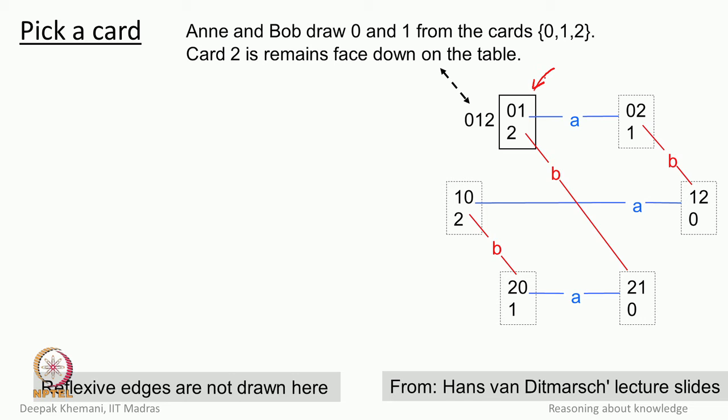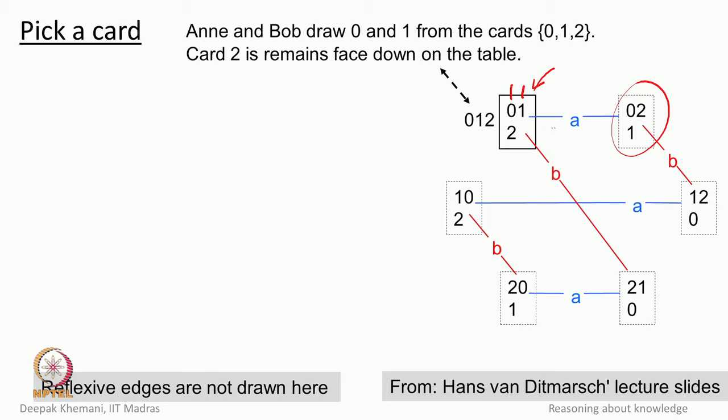So, these are the different possible worlds, and the real world is depicted with the box with a solid line, which says that Annie has got card 0, Bob has got card 1 and card 2 is on the table, and we will label this state as 0, 1, 2. So, this other state, for example, says that Annie has got 0 and Bob has got 2 and 1 is on the table.